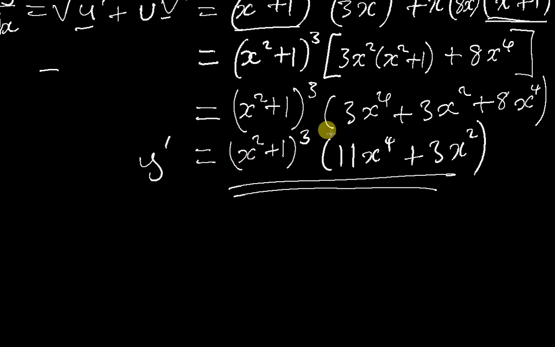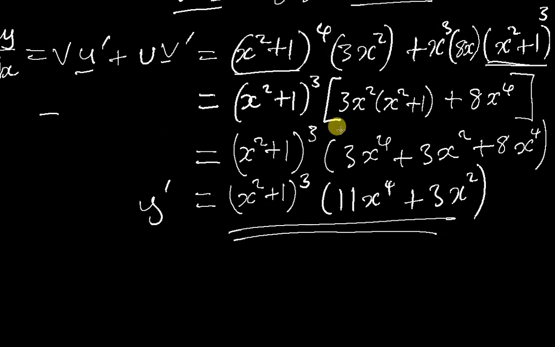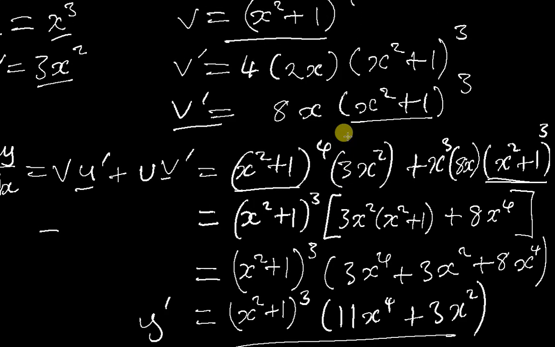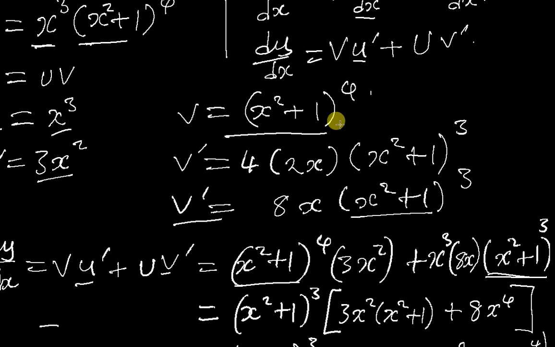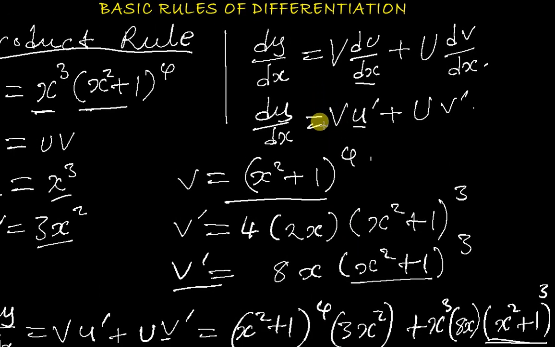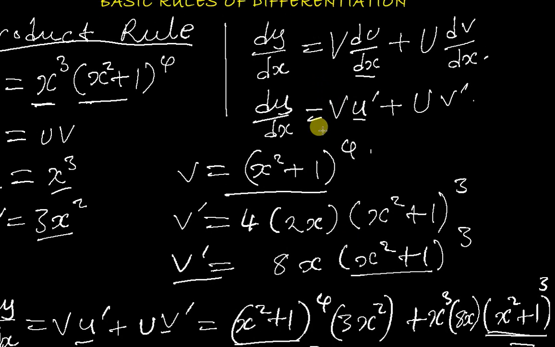So it's also very simple. The simplification part is the one that is quite tricky, because it's the one that involves a lot of algebra. Otherwise, everything else is simple and straightforward. So the most important thing on the product rule is also just knowing the formula.